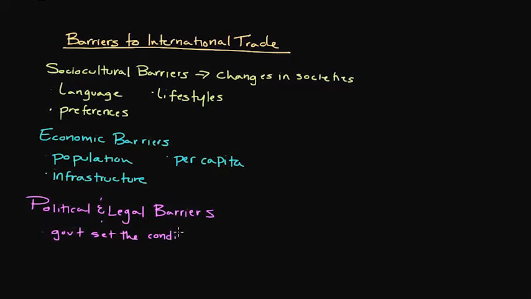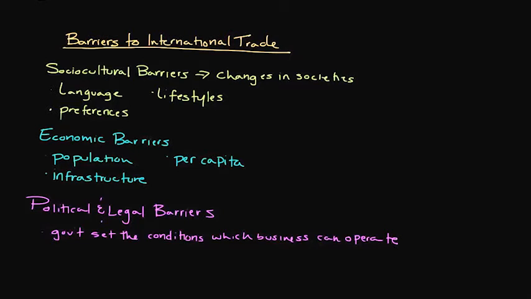And so businesses have to operate within those set of conditions. And this can either be good or bad. It can be extremely freeing because there's very limited regulation, or it can be very difficult to operate in.